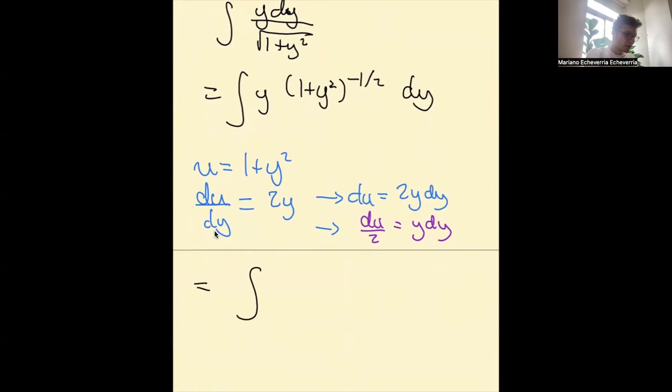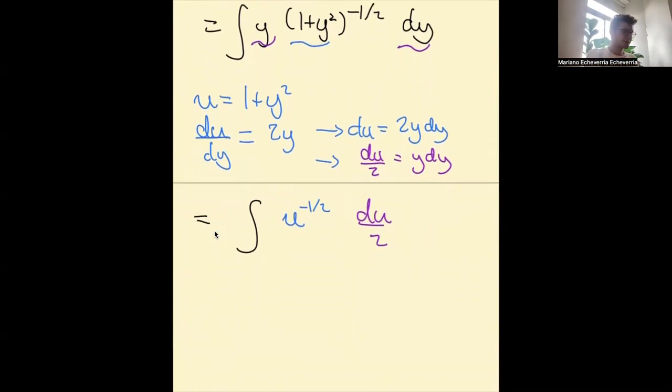So the purple stuff is what you see here, right? That becomes du over 2. And the stuff inside, which is to the minus 1/2, is u. So you get u to the negative 1/2. And then if you remember, the power rule is to add 1 to the exponent and divide by that same number.